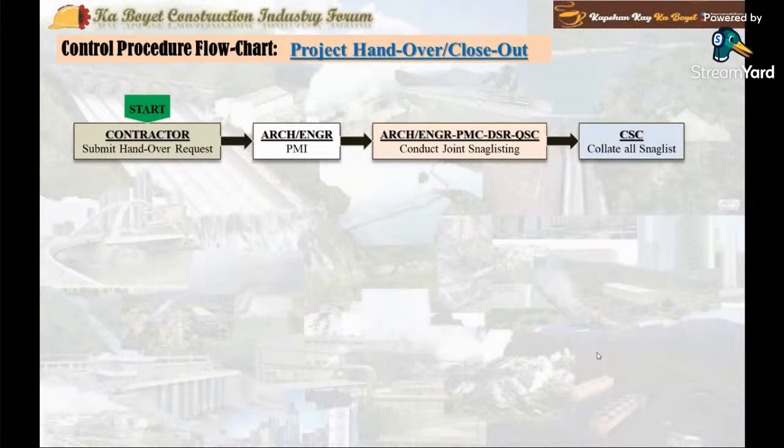After the joint snag listing, the consultant collates all the snag lists made by the project architect engineer, the project designer, and the QS consultant into one joint project snag list to be signed by the project architect engineer, the project designer, the QS consultant, and the consultants, the construction management consultant or the construction supervision consultant, and shall be acknowledged by the contractor, supplier, manufacturer.